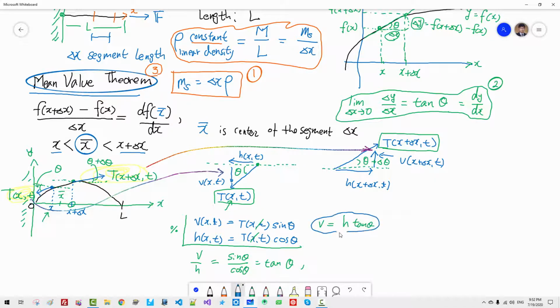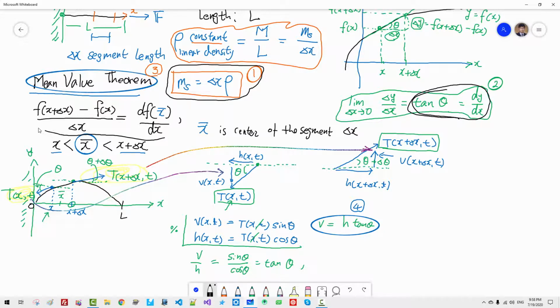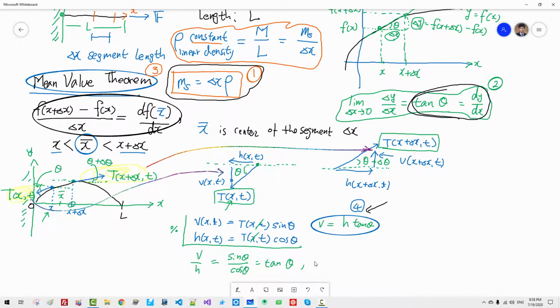This is our equation 4. Please remember equation 1 and equation 2 and the mean value theorem, equation 3, and equation 4. We will use these equations shortly. Now I will scroll up.